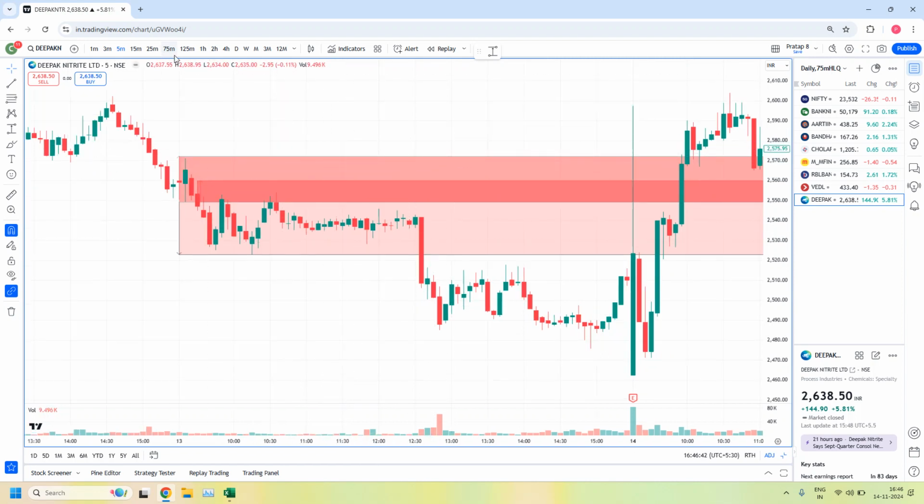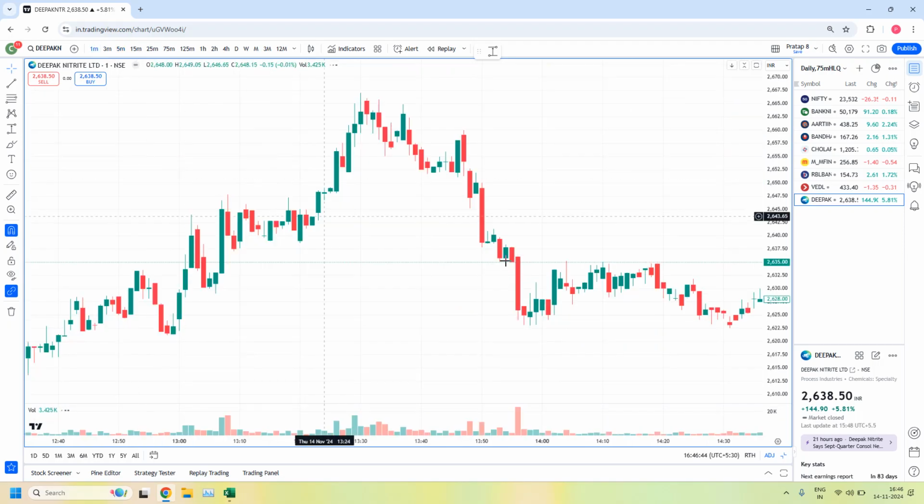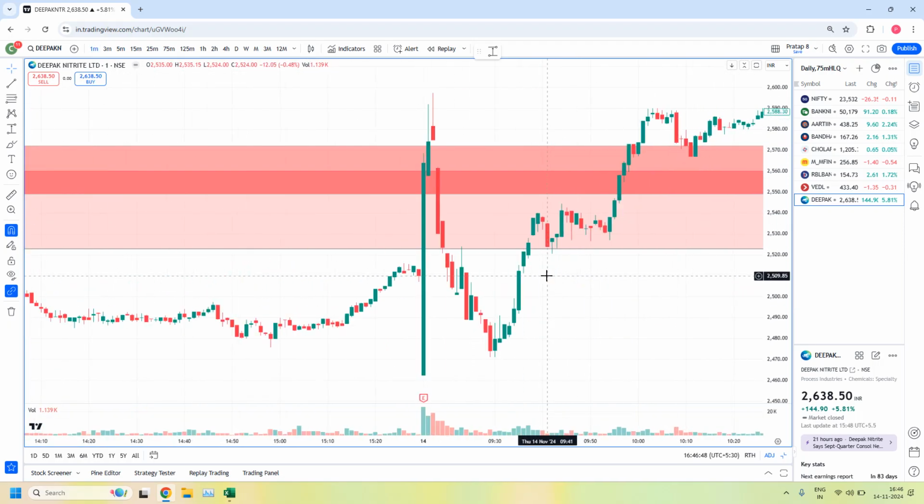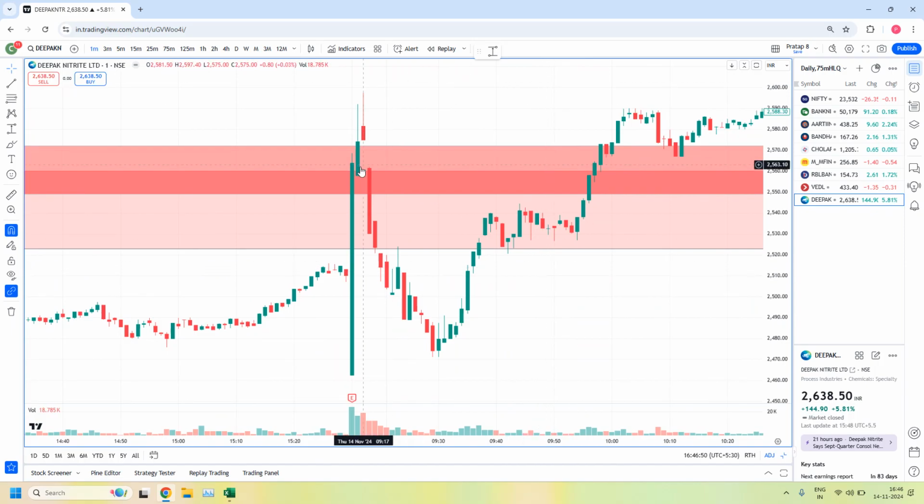And go to the 1 minute time frame. See, today morning 9:15, sharply it opened somewhere here, I don't know. Such a huge, big candle is because of some freak orders, freak trades.